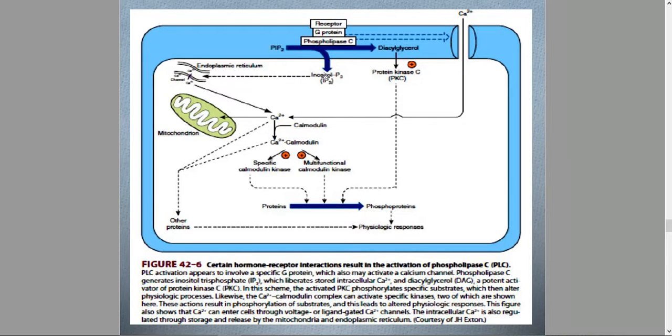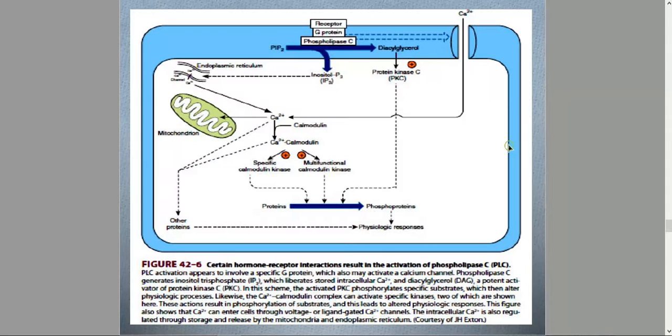In this case, we appreciate that IP3 liberated from the breakdown of PIP2 will induce the release of intracellular calcium from the endoplasmic reticulum or other organelle reserves. The increase in calcium will lead to some physiologic response, which I'll be showing in a little while, showing how important calcium is.